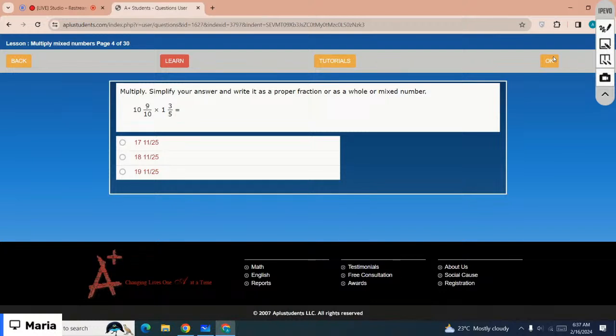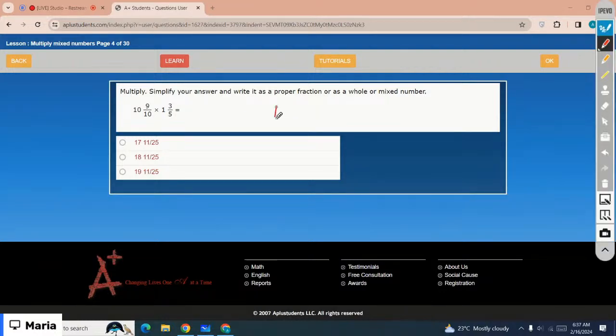I can't guess, I need to solve this one because I cannot guess this way, right? 10 times 10 is 100 and 100 plus 9 is 109 over 10. Then 5 times 1 is 5 and 3 makes 8 over 5, right? 8 times 9 is 72 and 8 times 1 is 8 and 10 times 5 is 50.